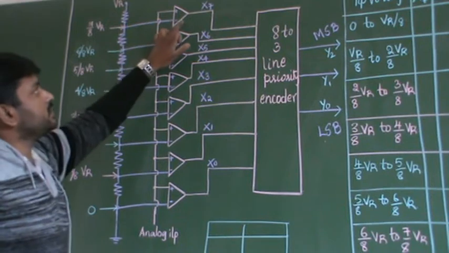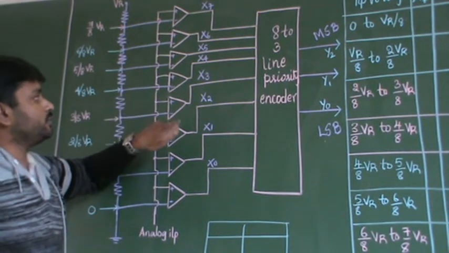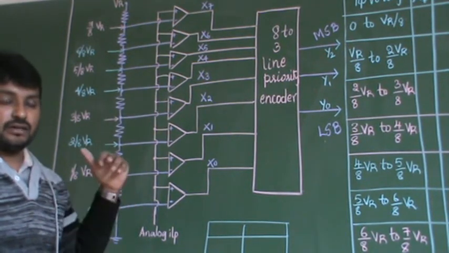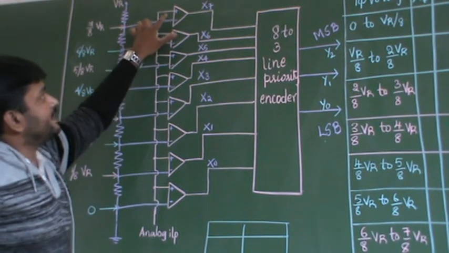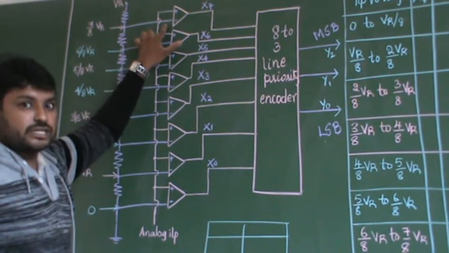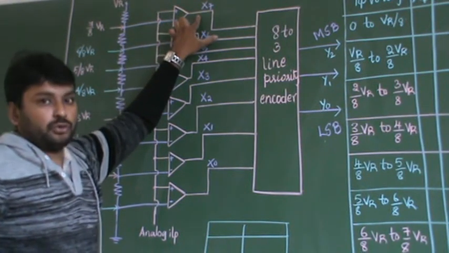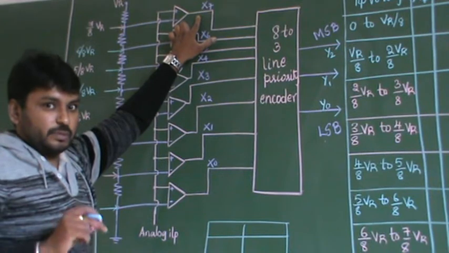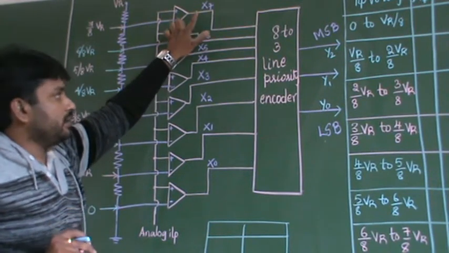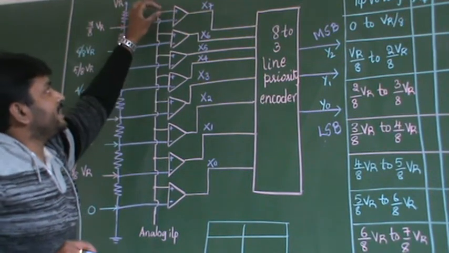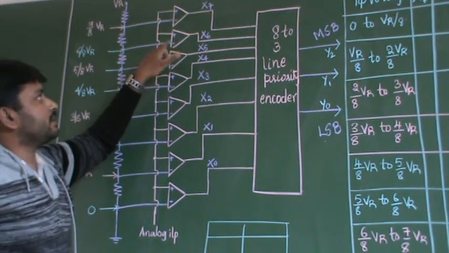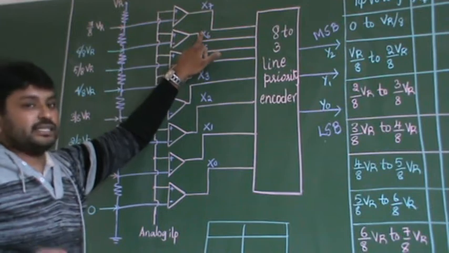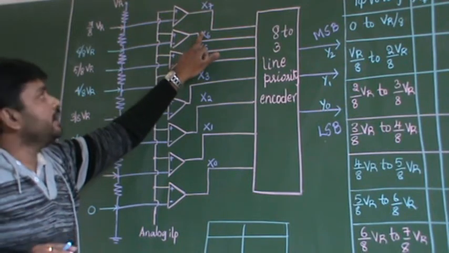Now, how will this comparator actually work? I explained this with a table in the previous video. If the analog input voltage is greater than the reference voltage, then your output will be 1. If the quantity applied to the positive terminal is greater than the quantity at the negative terminal, the output is considered as 1.